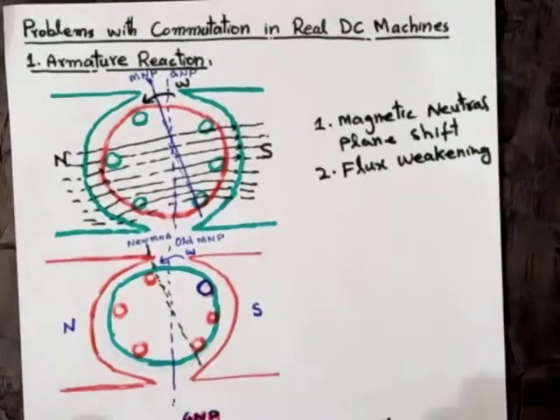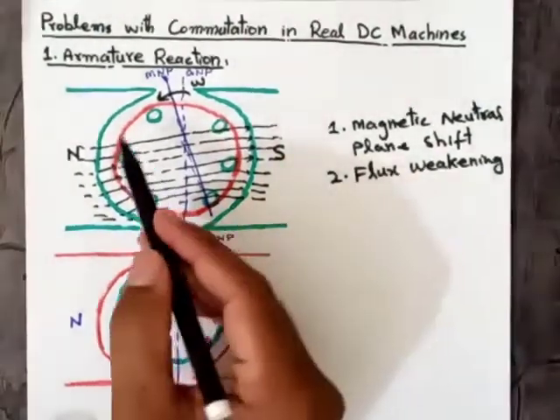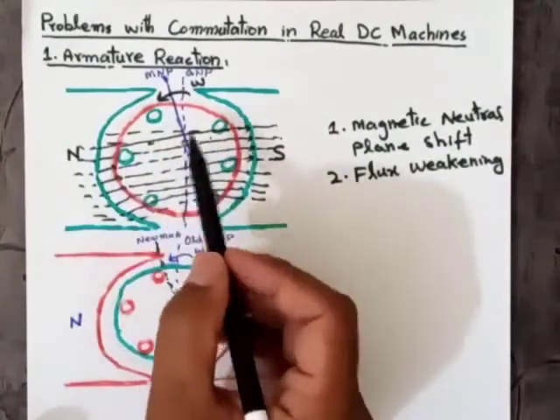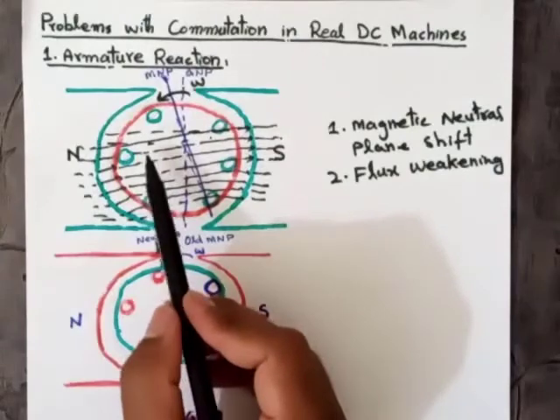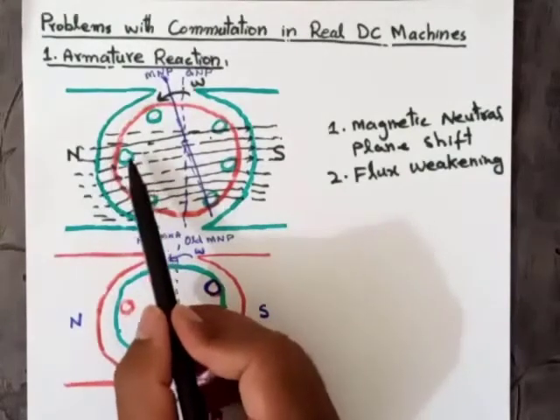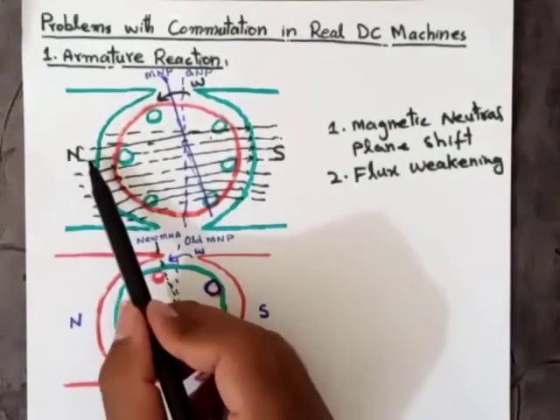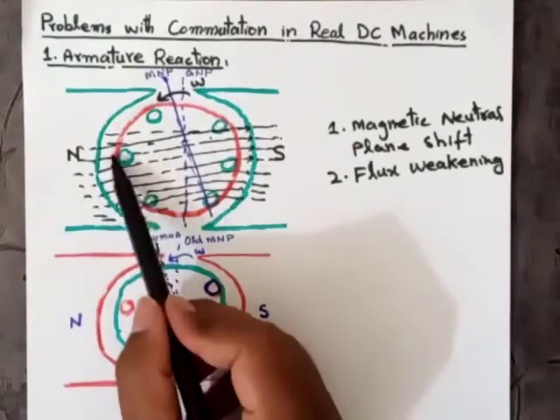At no load, the direction of the magnetic field was from left to right. And you can see in this figure, due to the armature winding flux, the direction of the main field or field winding flux is changed a little bit.